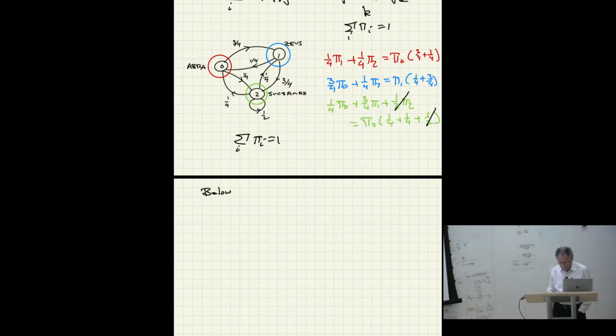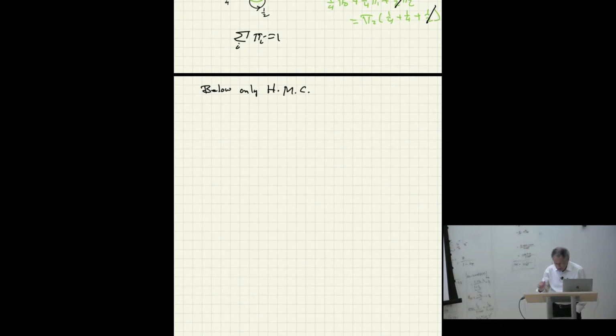Let me point out that below is only going to be homogeneous Markov chains. It means that the Pij's don't depend upon time, don't depend upon n. And let me write down, so we're going to take a slight excursion now. Let's remember the m-step transition probabilities.